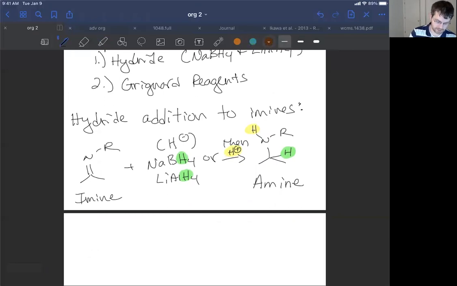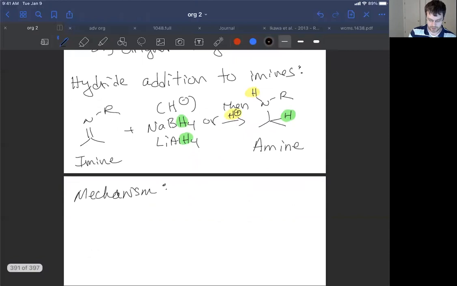We could look at the mechanism of it, but it's fairly similar to the mechanism we've seen before for sodium borohydride and lithium aluminum hydride reductions, where we consider that charge-separated resonance structure that allows us to see how things are going to add. That puts a positive charge on the carbon atom and a negative charge on the nitrogen.